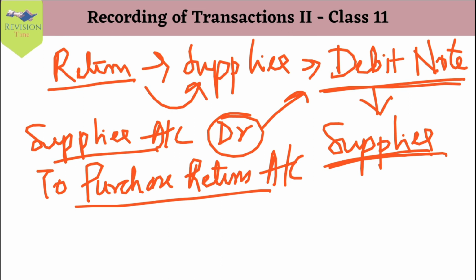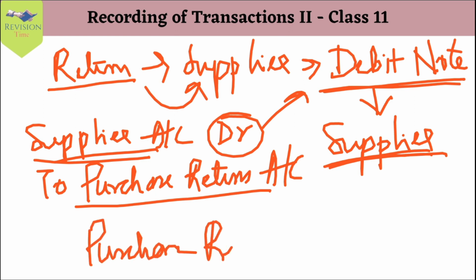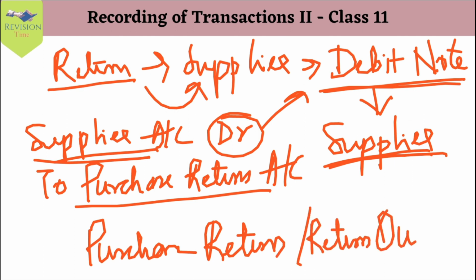For any such reason, when a business returns credit purchased goods to the supplier, it is recorded in our purchase return book, or return outward book, and the business issues a document known as a debit note to the supplier.